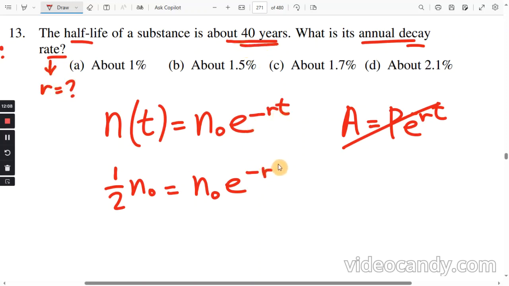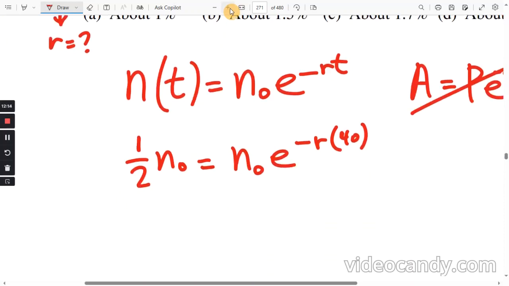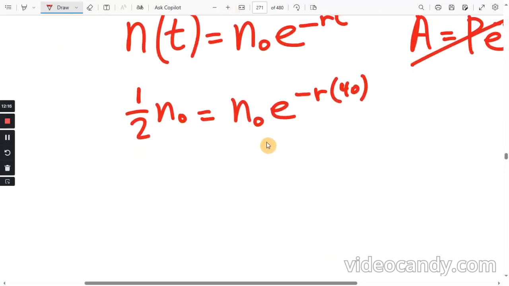So in place of t, 40 years. We have N sub 0 on both sides, times N sub 0. Let's get rid of it. I'm going to divide both sides by N sub 0. Cancels, cancels. We're left with the e.